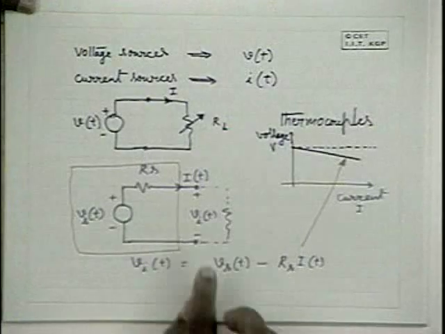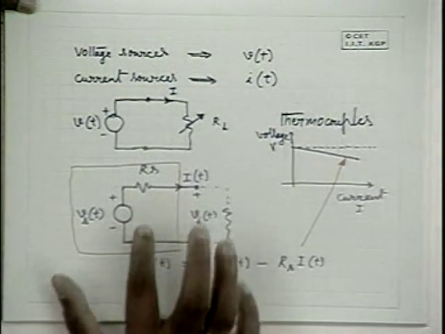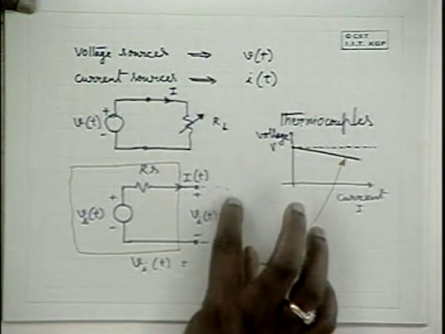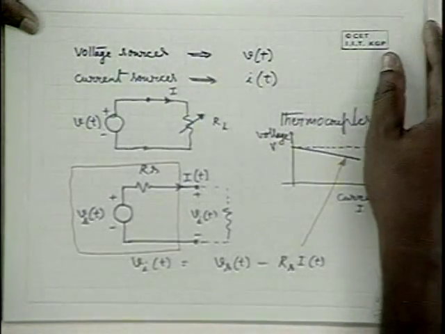That is because you're drawing a huge amount of current through the heater. So voltage sources where the source resistance is relatively small compared to the load resistance can be treated as a voltage source.